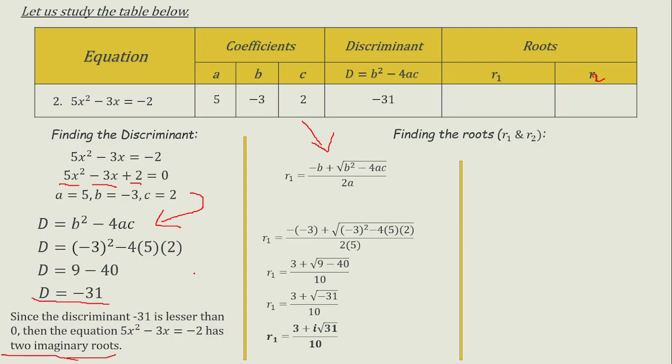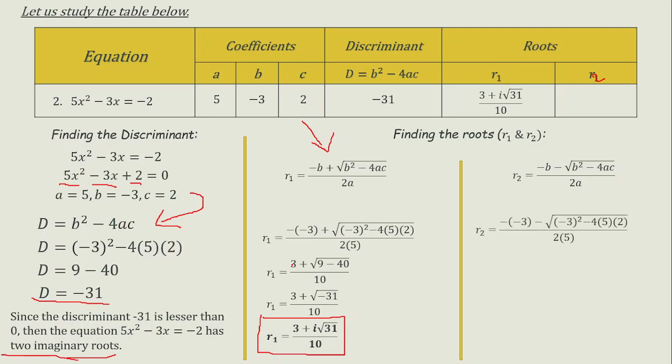So the answer will be r1 is equals to 3 plus i square root of 31, all over 10, because the square root of negative 31 is an imaginary number. So this is the answer. Okay, to find the root number 2, the same formula, change the operation from addition to subtraction.